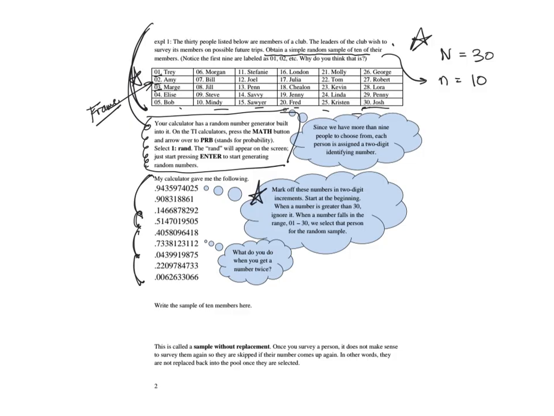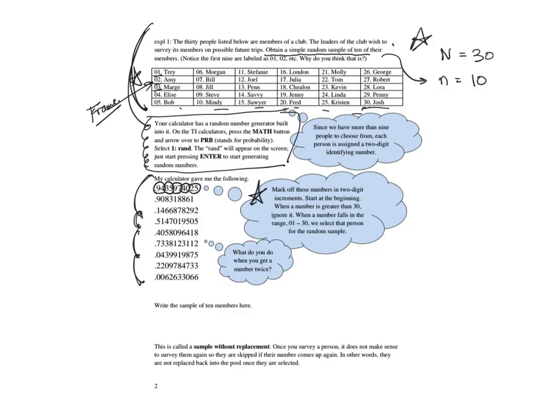So here I am going to start off. I'm going to go 94. I ignore the decimal points, they really don't matter at all. And then the next 2-digit numbers, 35, and then 97, 40, and 25.